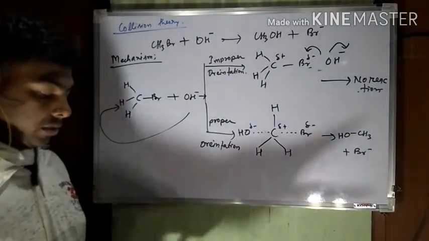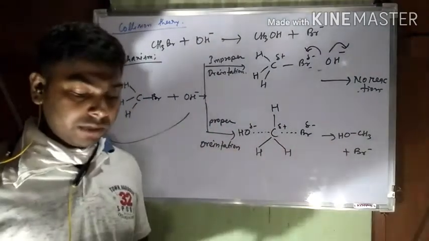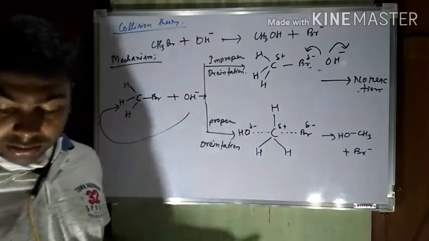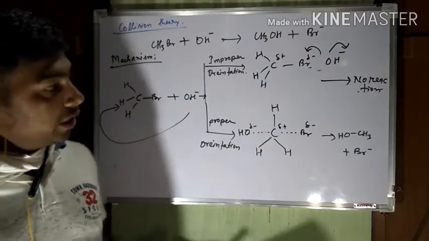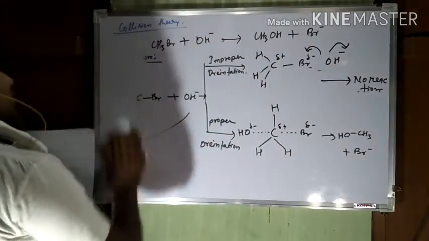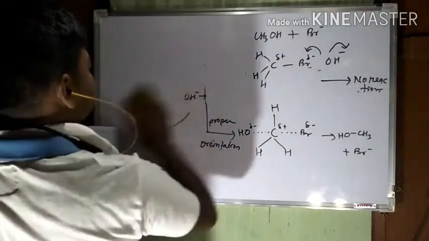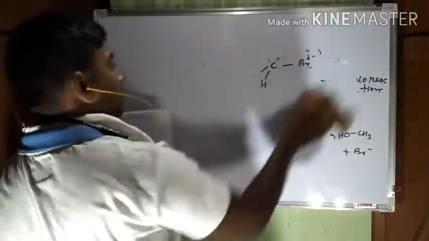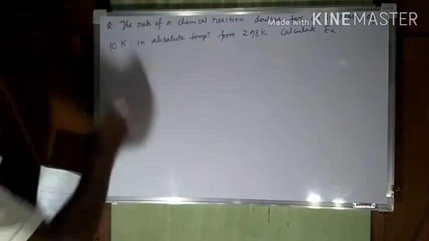As we finished our chapter, next we have to discuss some important question answers. Mainly in this chapter, we have to discuss some numericals. See, here is the in-text question.